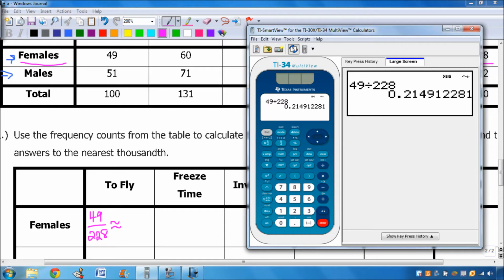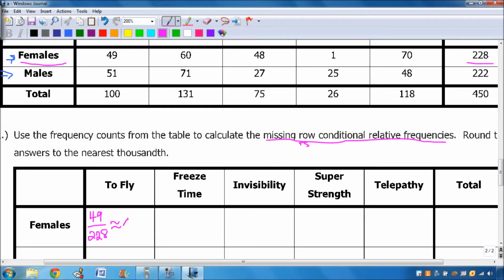However, it says to round right here to the nearest thousandth. So I'm going to look right here, and I'm going to see this is the thousandths place. I look at the number that comes after it. It's a 9. It's 5 and above, so I give this 4 a shove, so I get 0.215. So that's what I'm going to fill in right here, 0.215.